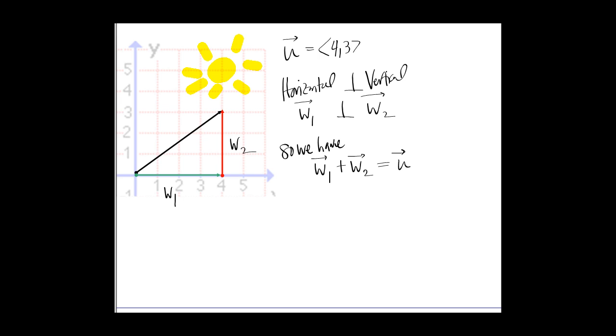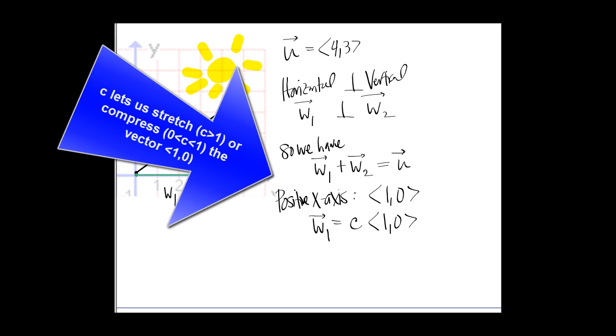Now, in theory, we didn't know what w sub 1 was before we started. We just said that the ground is part of the positive x-axis. The easiest way to represent the positive x-axis is by the vector 1, 0. And because we didn't know how long this vector w sub 1 should be, let's say that w sub 1 is equal to some scalar c times 1, 0.